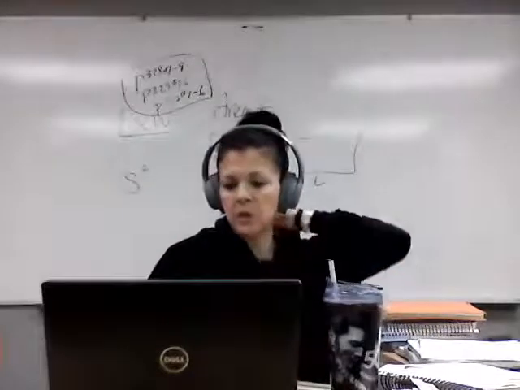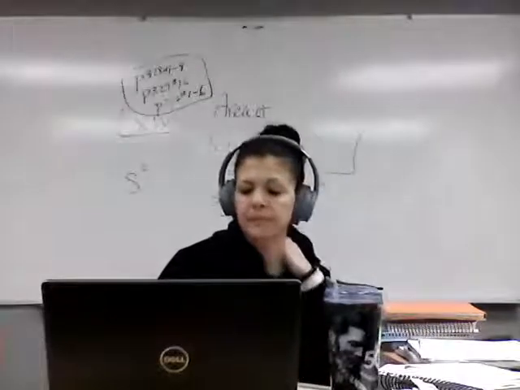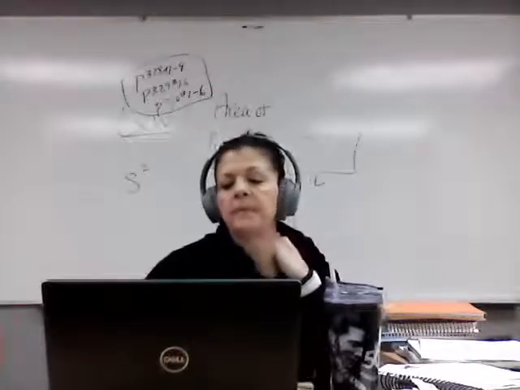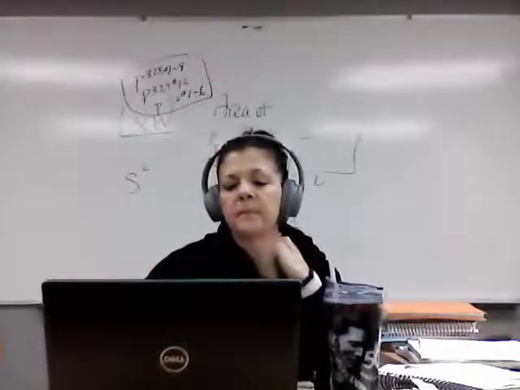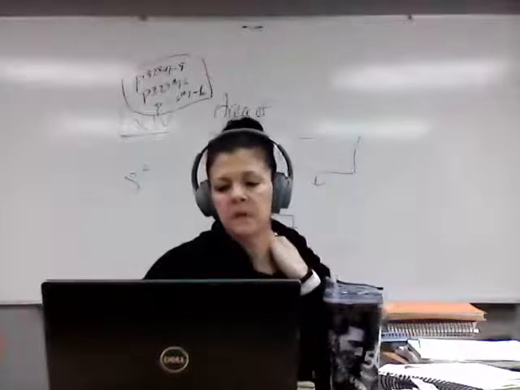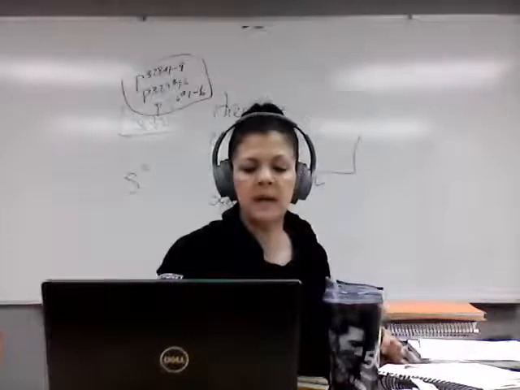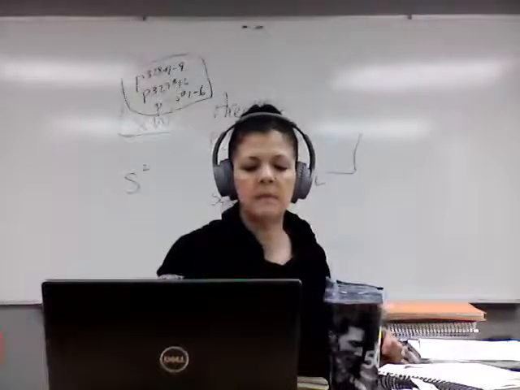So which point do you want to be point 1? Pick a point 1 and a point 2. Do you want the top? All right, so this will be x1, y1, and this will be x2, y2. So go ahead.